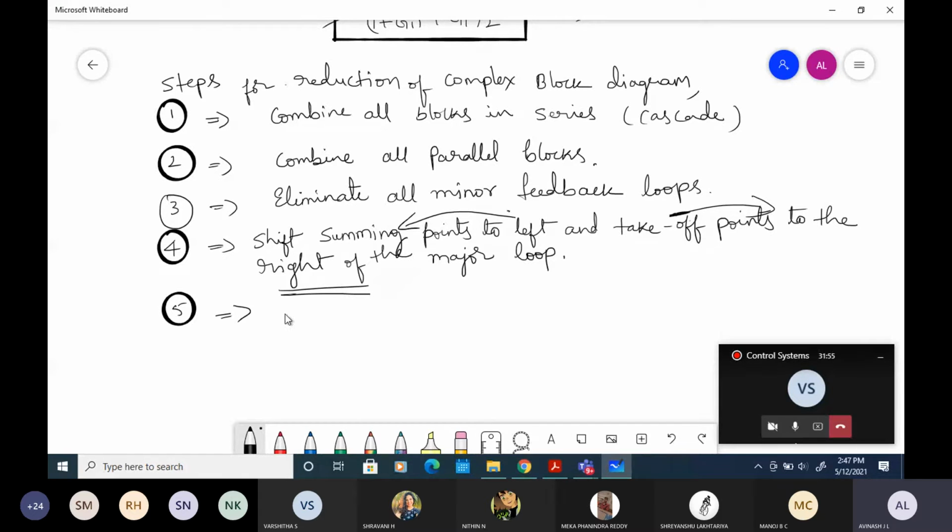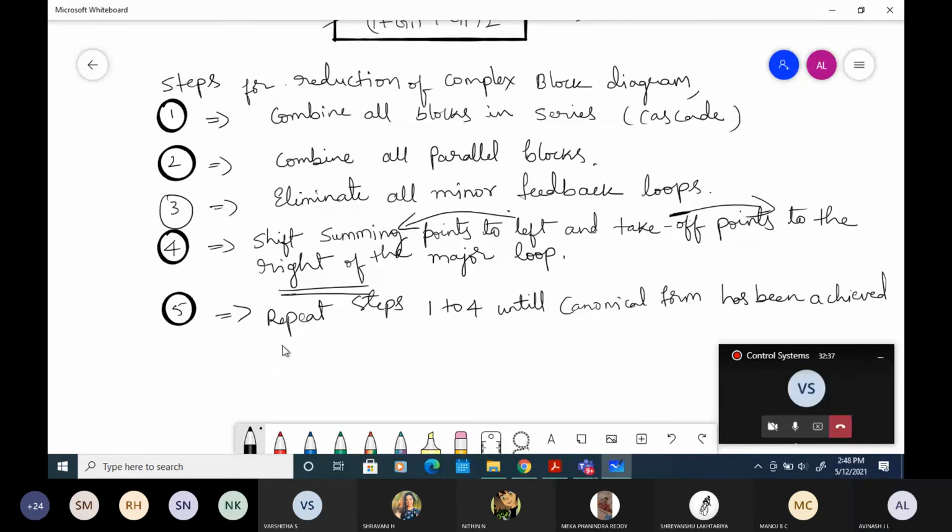Next step is, this is just a simple representation: repeat steps 1 to 4 until canonical form has been achieved for a particular input.